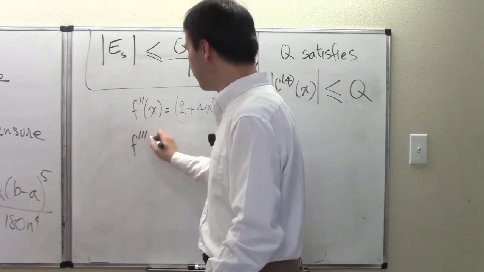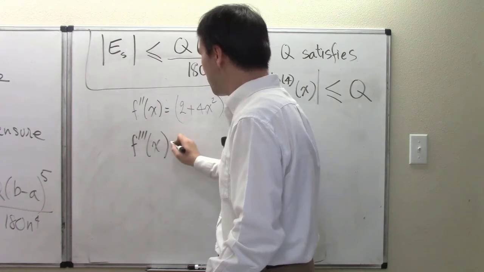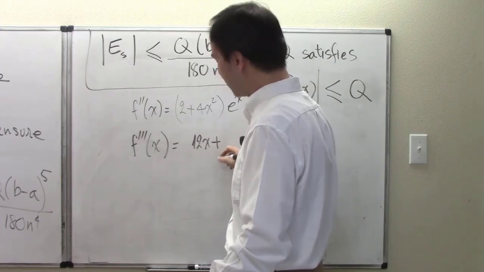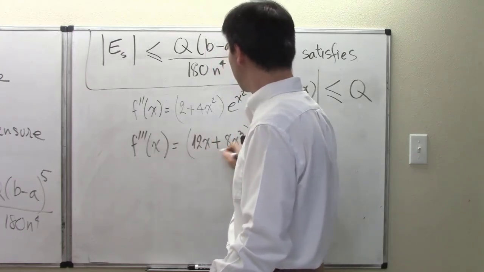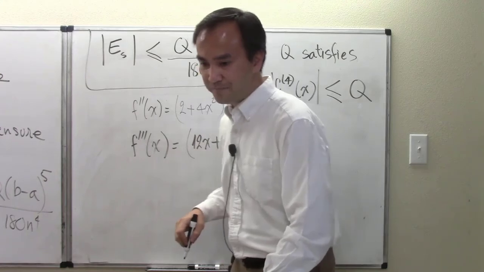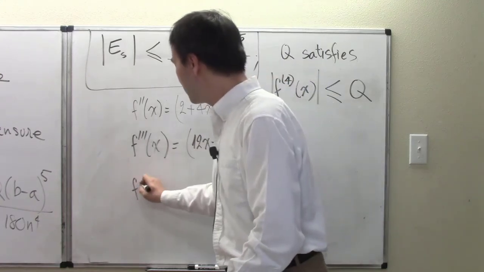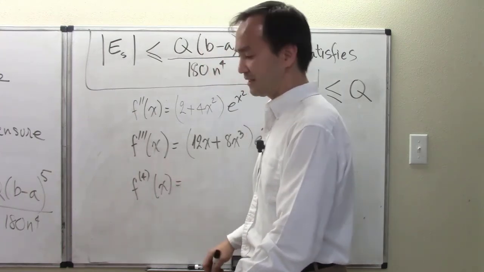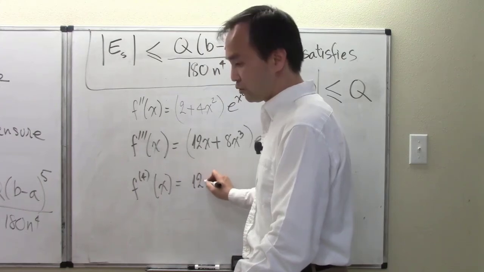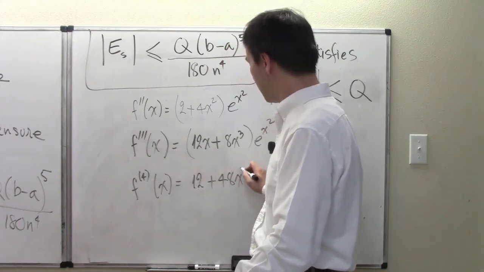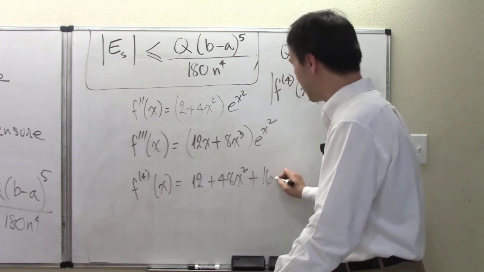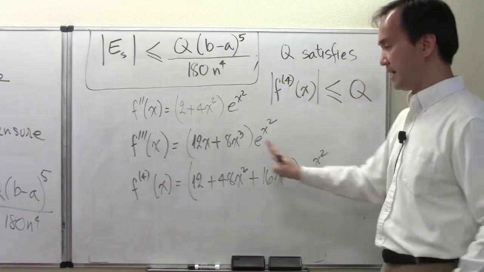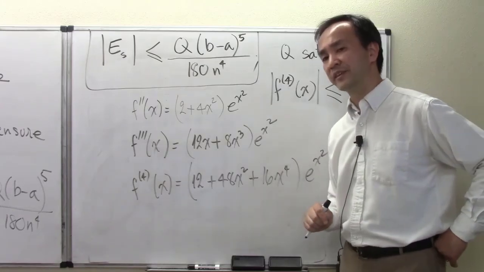We definitely need f triple prime, which is 12x plus 8x cubed times e to the x squared. And then the 4th derivative gives me 12 plus 48x squared plus 16x to the 4th, times e to the x squared. That's our 4th derivative as a function of x again.